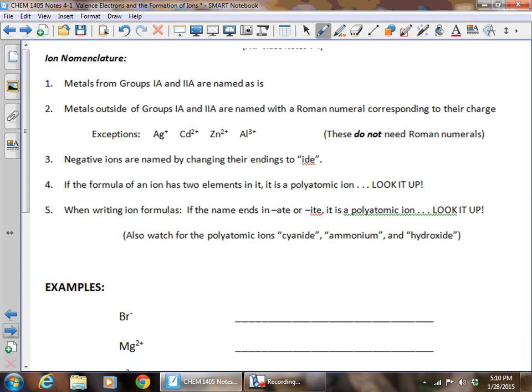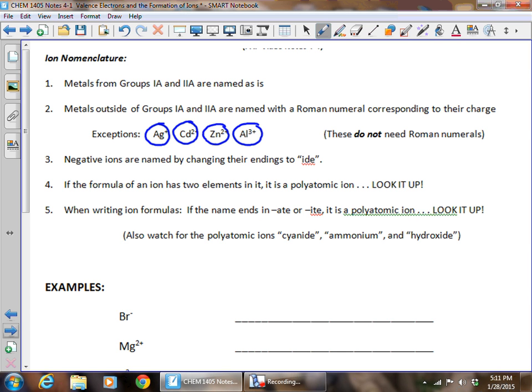So how do we name these ions, this ion nomenclature? Well, metals from groups 1A and 2A are named just as they are. Just name them, put ion on the end. Metals outside of groups 1A and 2A are named with a Roman numeral corresponding to their charge. So the exceptions for naming them with this Roman numeral are the silver ion, cadmium, zinc, and aluminum.